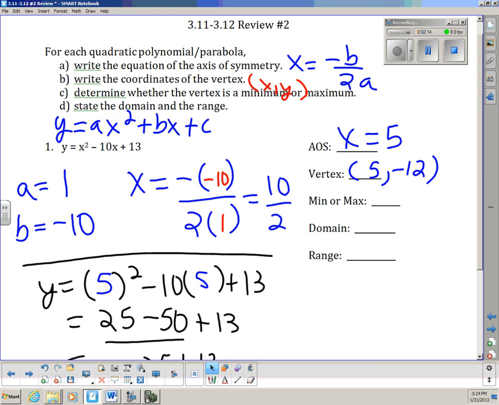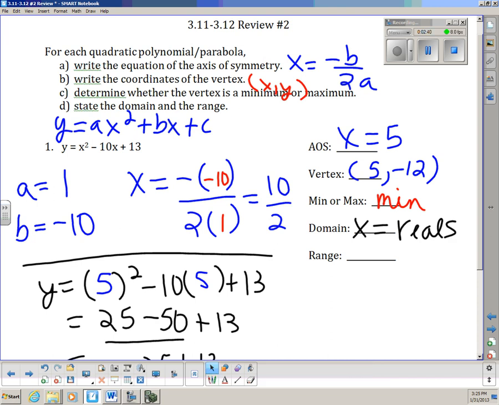Max or min? You should be able to look at the equation and say, well, the fact that the x squared term is a positive one, then I know that this parabola is going to open up, which means I'm going to have a minimum. You should also know that the domain never changes. The domain is x can be any real number you want. X equals the reals.